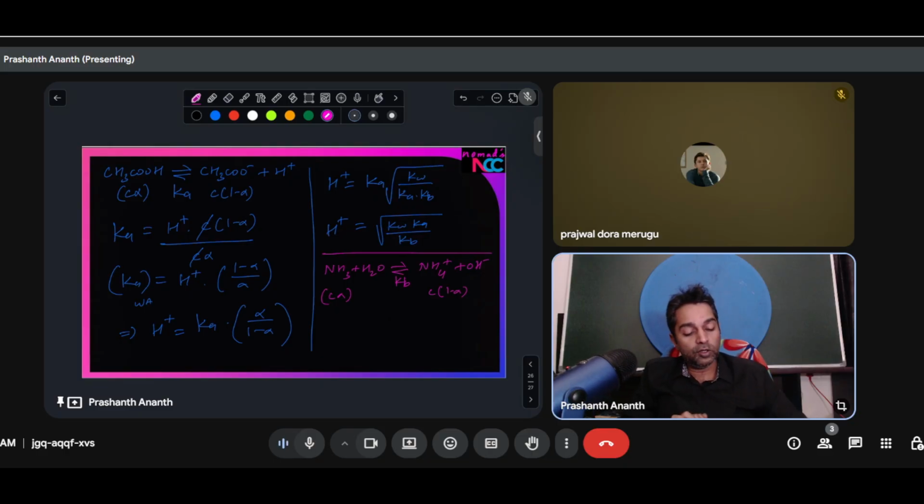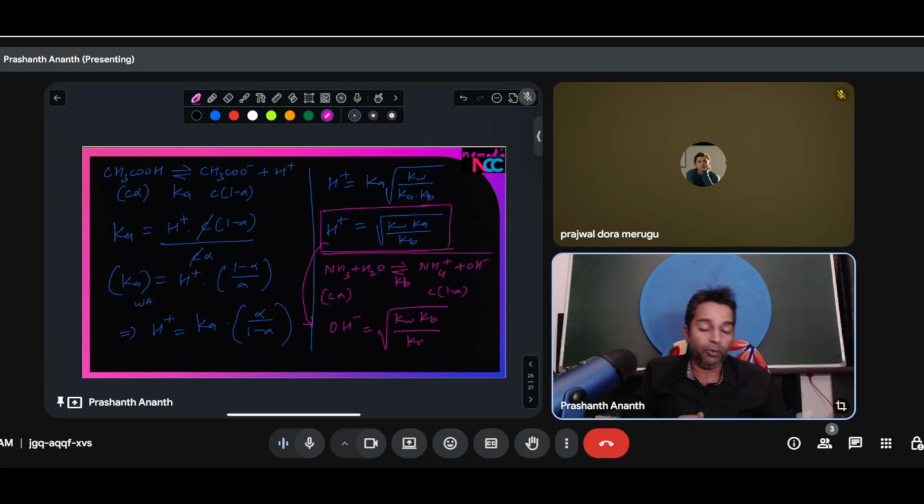Or you can also do the reverse calculation or the conversion which we had discussed earlier, wherein OH minus concentration works out as square root of Kw into Kb by Ka. You can effectively put it like that also. So that also works over here. Now what does this finally lead to for this salt?